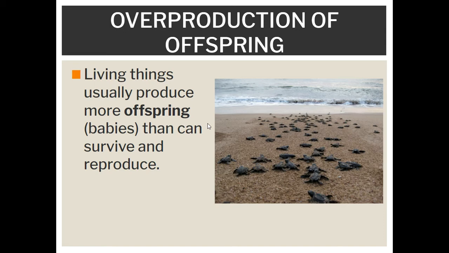So we try to overproduce offspring because we know not all of them are going to survive. Because if we underproduce and we lose offspring, that's how we go extinct. So living things produce more offspring than can survive.